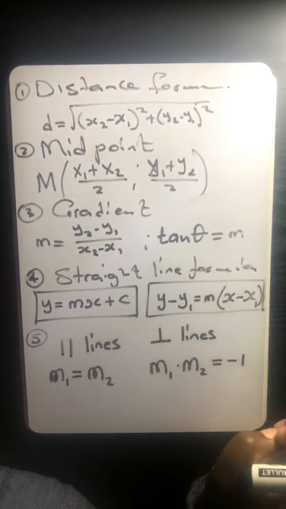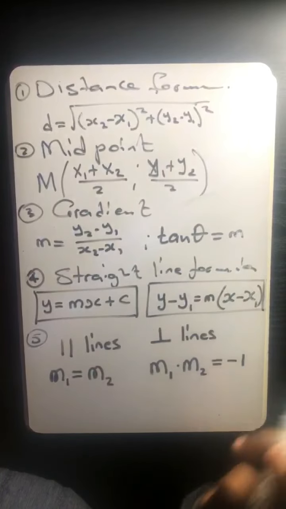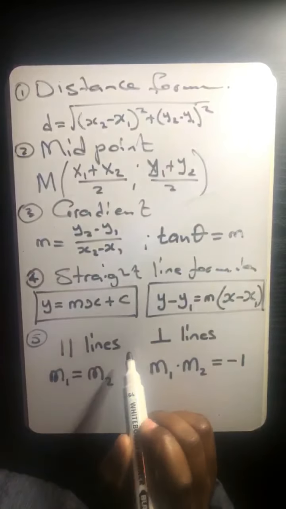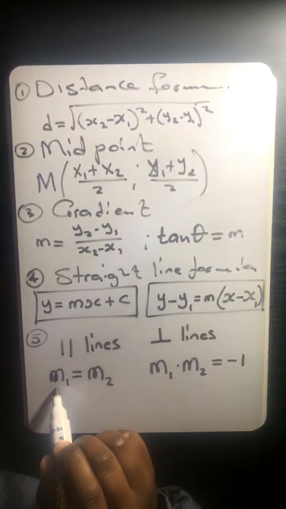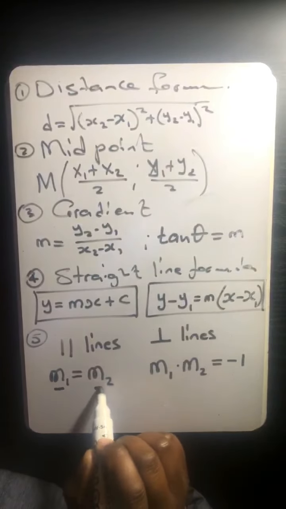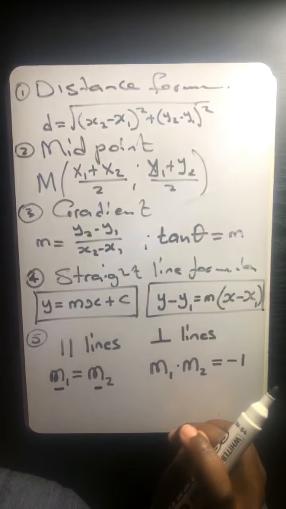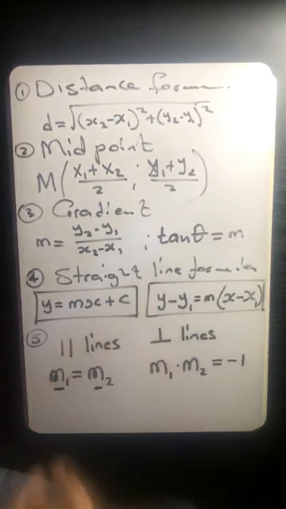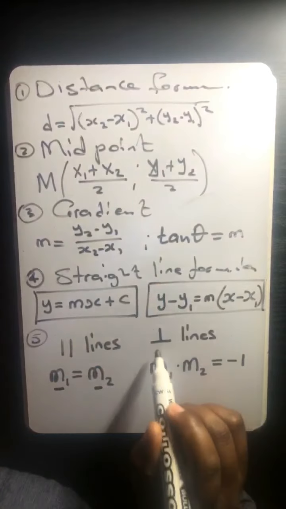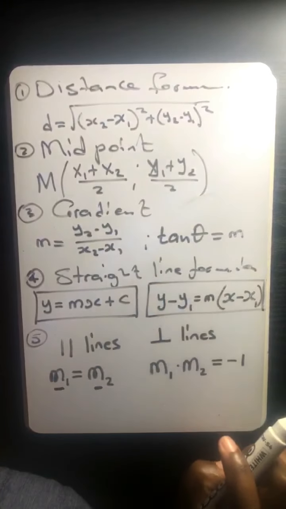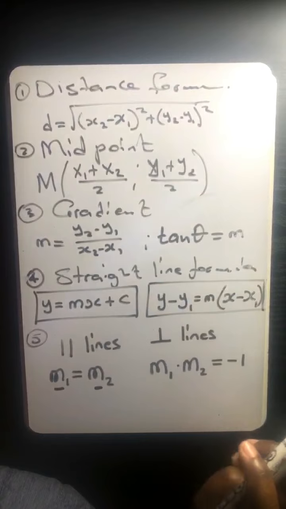What I know very well is that if we've got parallel lines, the gradient of the line I'm looking for is going to be the same as the given one, and therefore I'll just need 1 point. Or if I'm dealing with perpendicular lines, forming a Sefapano, remember that song?